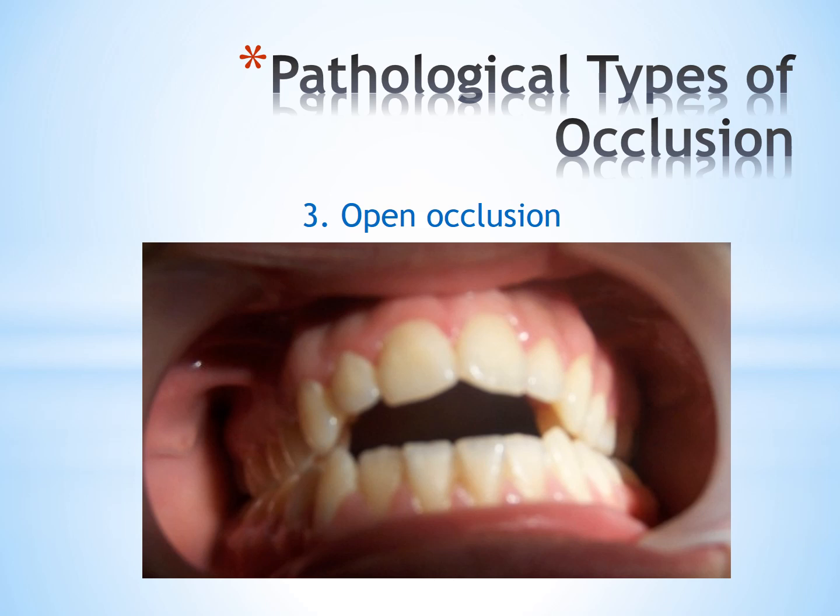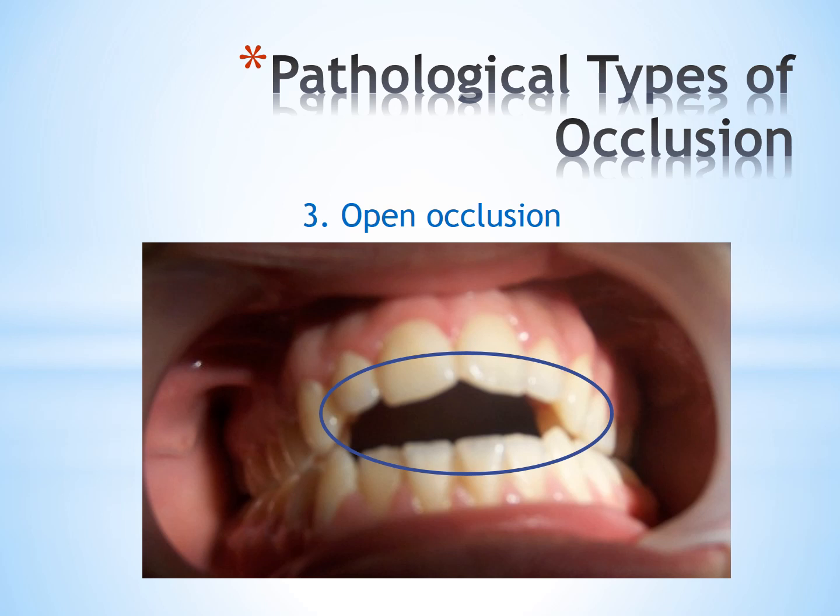Because we know pathology like open occlusion is pathology in the vertical plane. What does open occlusion mean? Open occlusion is pathology without contacts between antagonists.